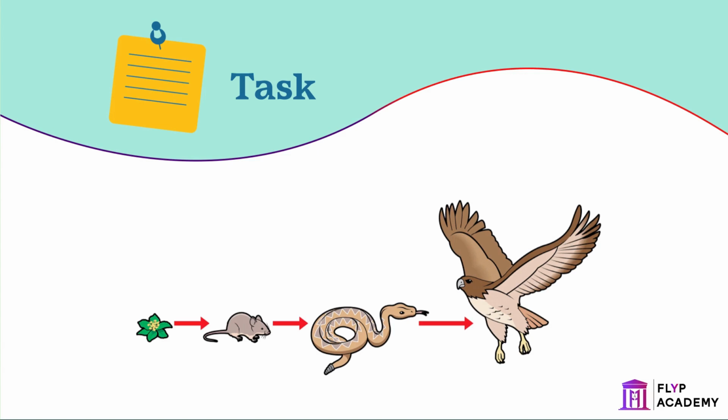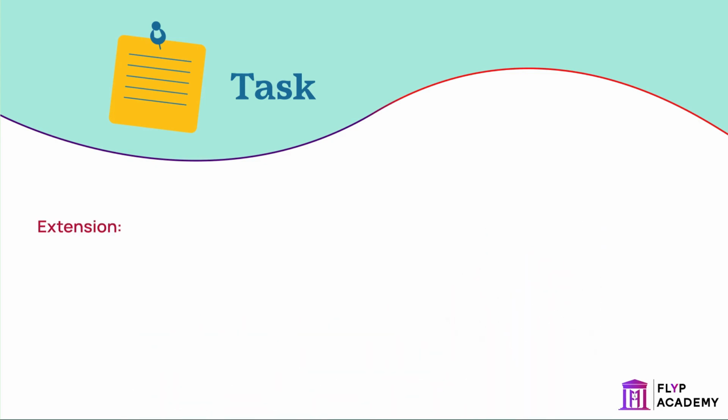So think of the arrow as saying, is eaten by, and this will help you to make sense of a food chain. This food chain shows that the plant is eaten by the mouse is eaten by the snake, and the snake is eaten by the hawk. Extension. Can you create your own version of a food chain?